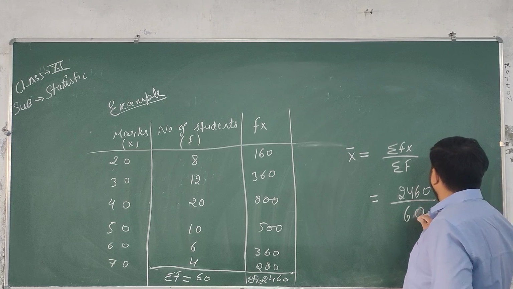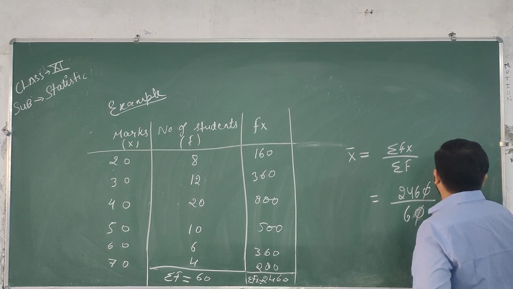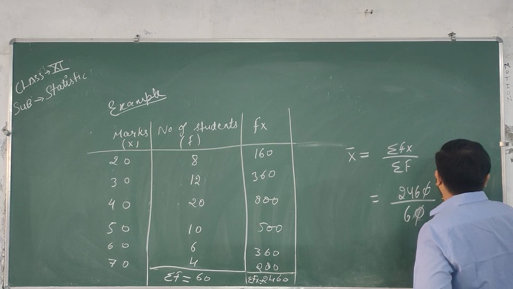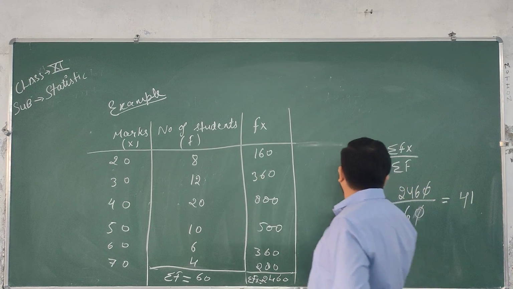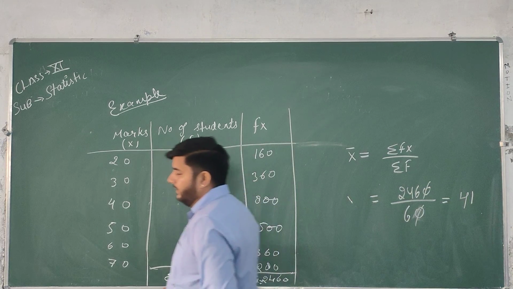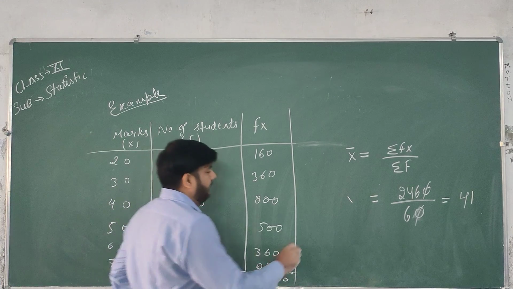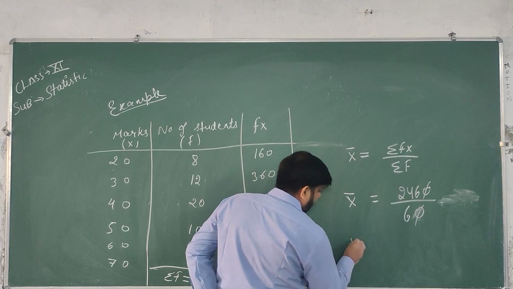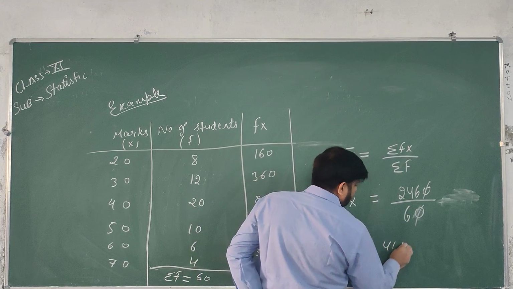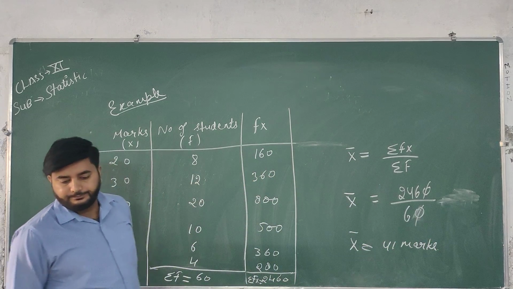So when we calculate, 6 4s are 24 and 6 1s are 6. So the value of mean is 41 marks.